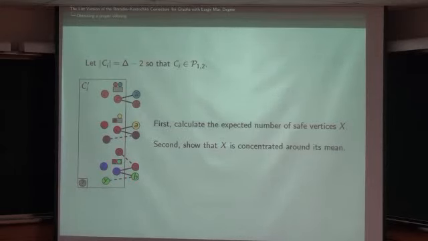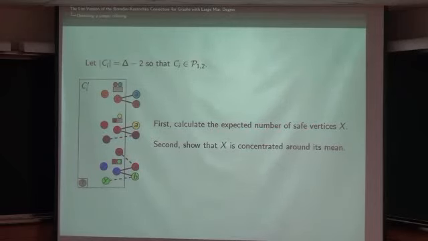So the way we'll guarantee that the probability of this bad event happening is very low is that we'll say, well, let's just be stupid and calculate the expected number of these safe vertices. Let's say, well, if you apply this random coloring, then we have this many safe vertices by expectation.